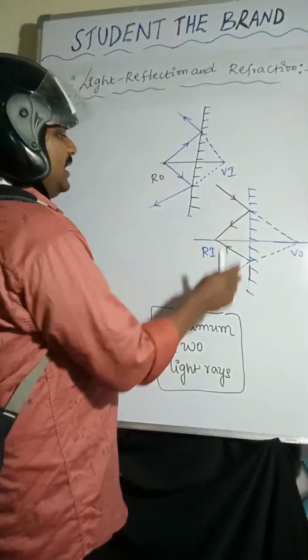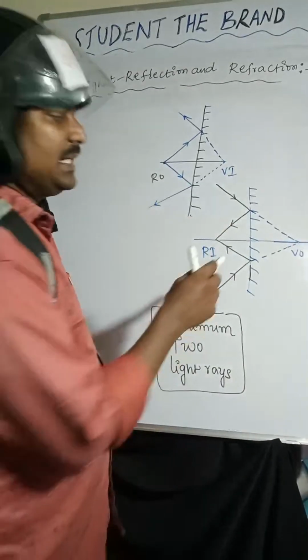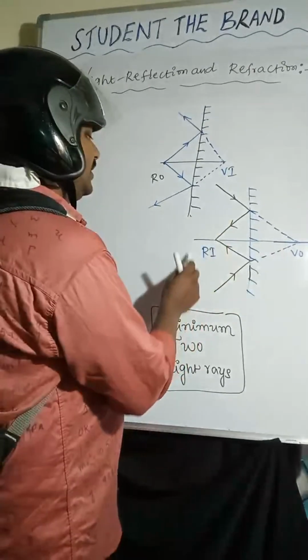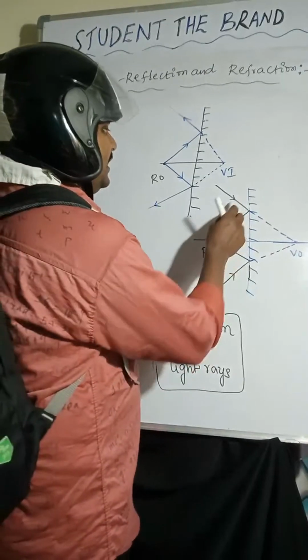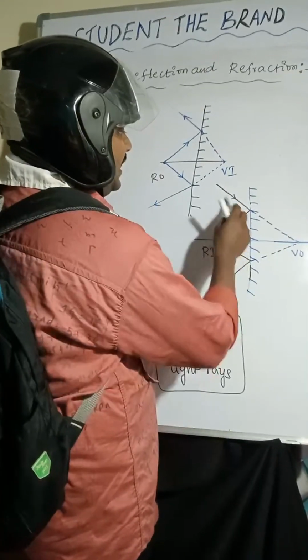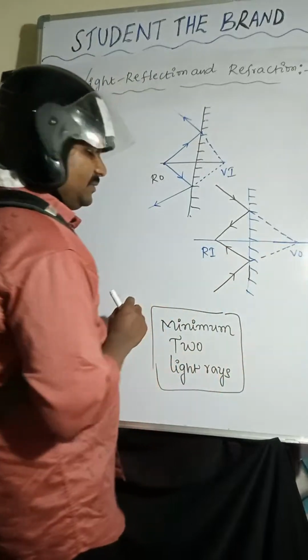Here, reflected light rays are directly meeting, so their image is forming. That is the real image. We are extending these incident light rays. Extended incident light rays are meeting; that is a virtual object.